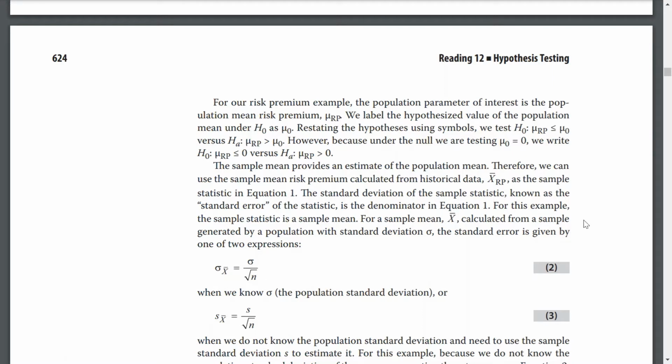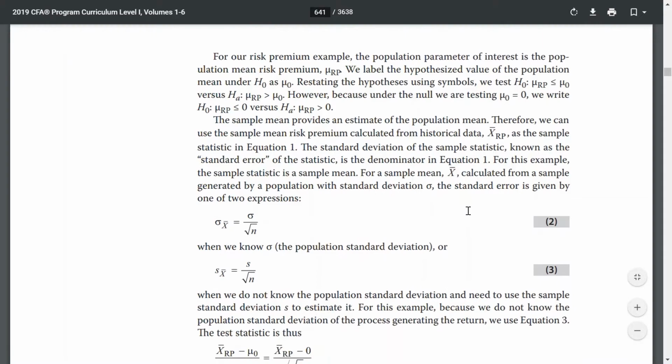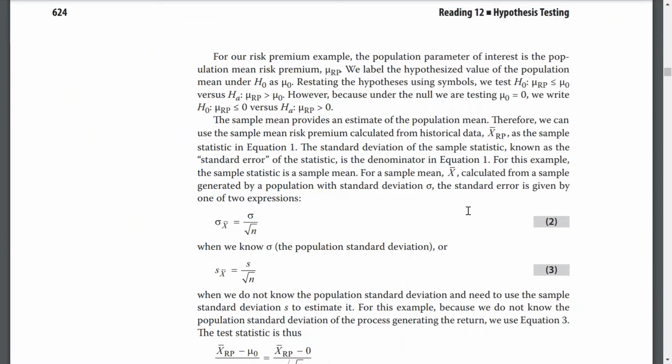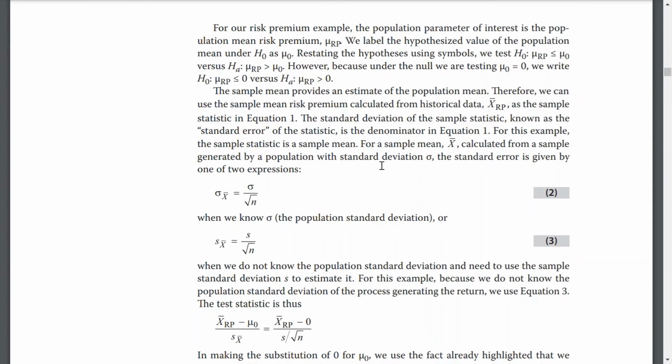However, because under the null we are testing mu sub 0 equals 0, we write the formula as such. The sample mean provides an estimate of the population mean. Therefore, we can use the sample mean risk premium calculated from the historical data, x bar sub RP, as the sample statistic in equation 1.